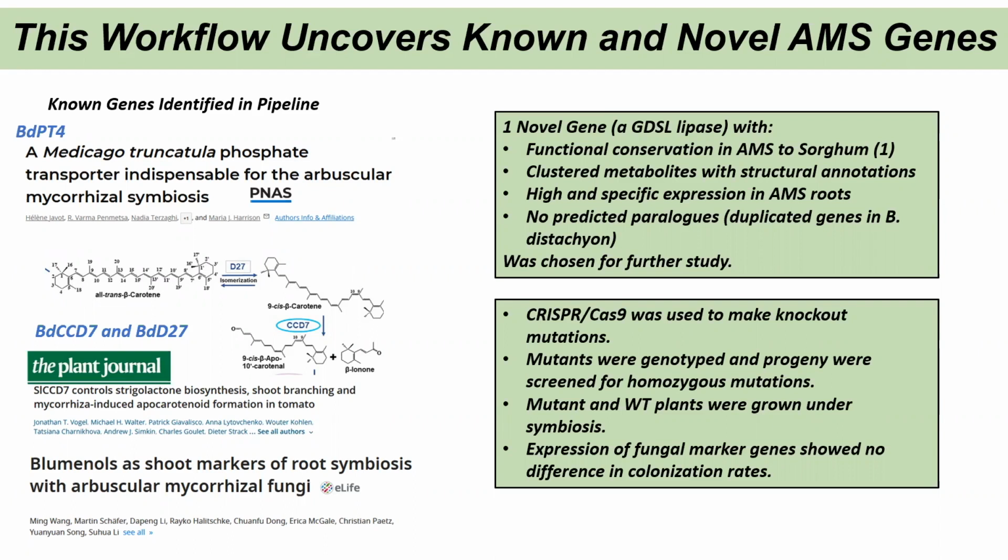I used quantitative real-time RT-PCR to quantify the expression of fungal marker genes, which directly correlates with how much colonization is happening. And it showed no difference in colonization rates between the mutant and the wild type. And so what we think is the case is that there is actually a functional paralog. After I got to this point, we looked at all of the GDSL lipases within Brachypodium and charted their expression.